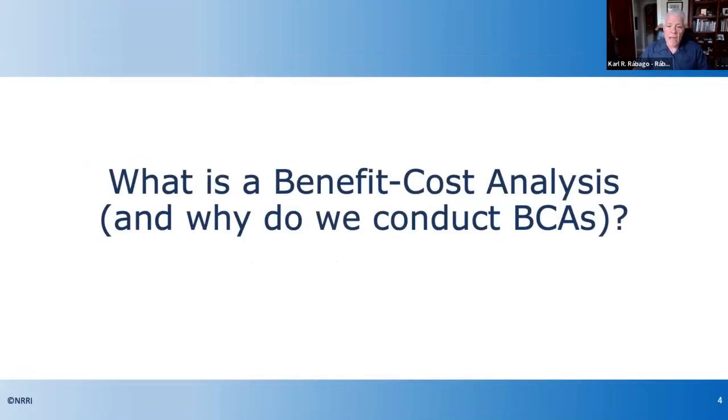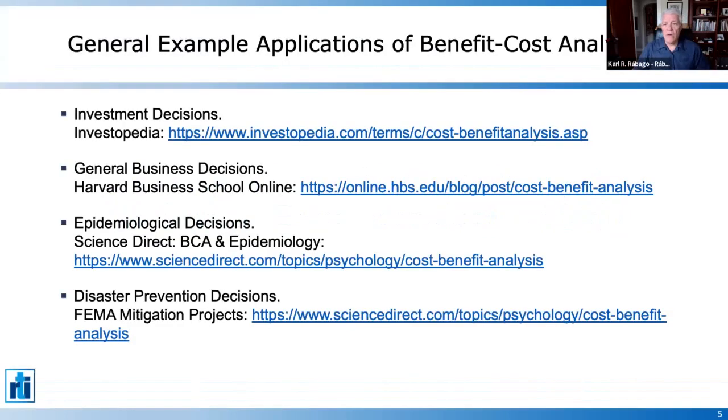All right, with that as background and where we come from, let's talk about what is benefit cost analysis and why do we conduct these kinds of analyses. So starting at ground zero here, the first thing to understand is that benefit cost analysis is not just done in the electric utility or gas utility or utility space in general. It's recognized as a tool that can help make investment decisions. It helps in general business decisions of all kinds.